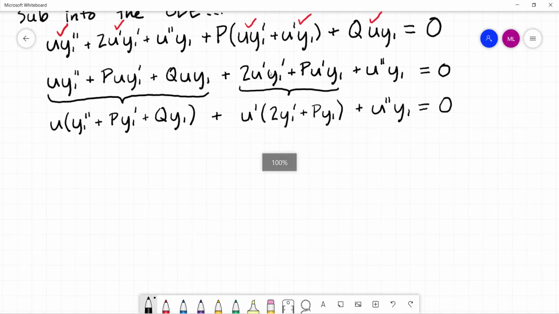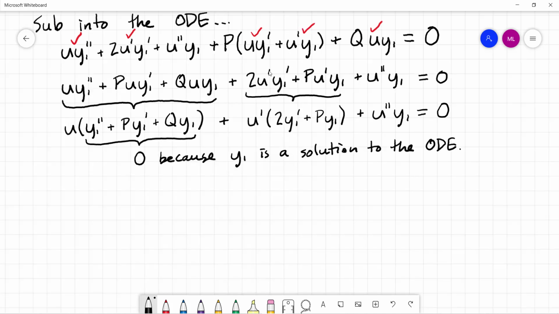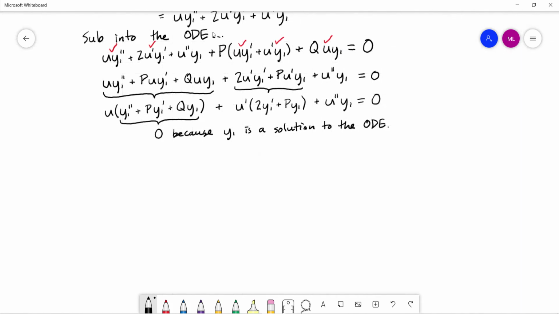So this entire term is 0 because y1 is a solution to the ODE that we were trying to solve. So that whole term is going to disappear, and now I'm going to be left with these two pieces.